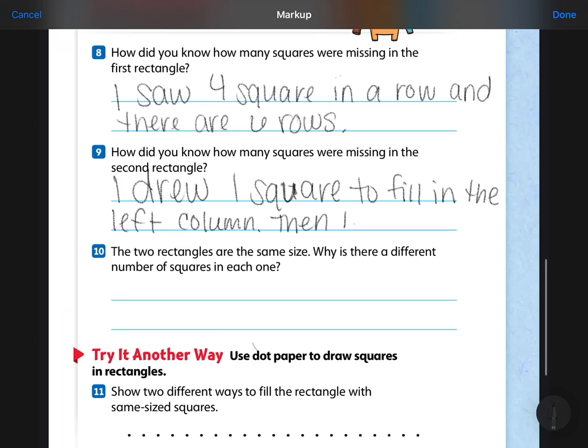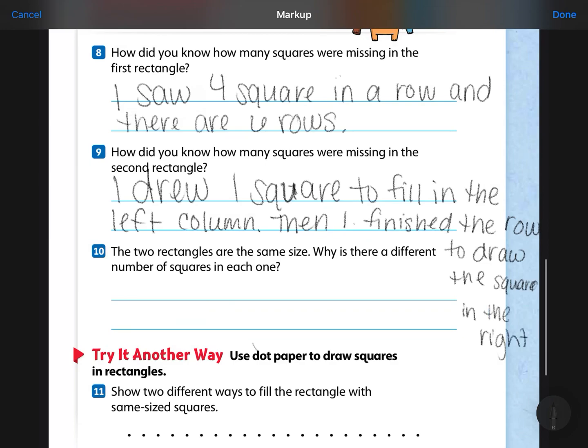Then I finished the rows to draw the squares in the second column, or the right column. Okay? All right, let's look at number 10.